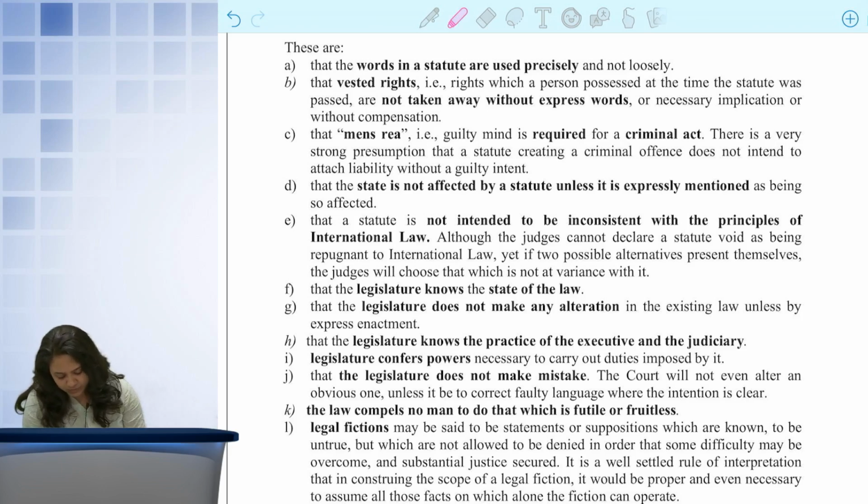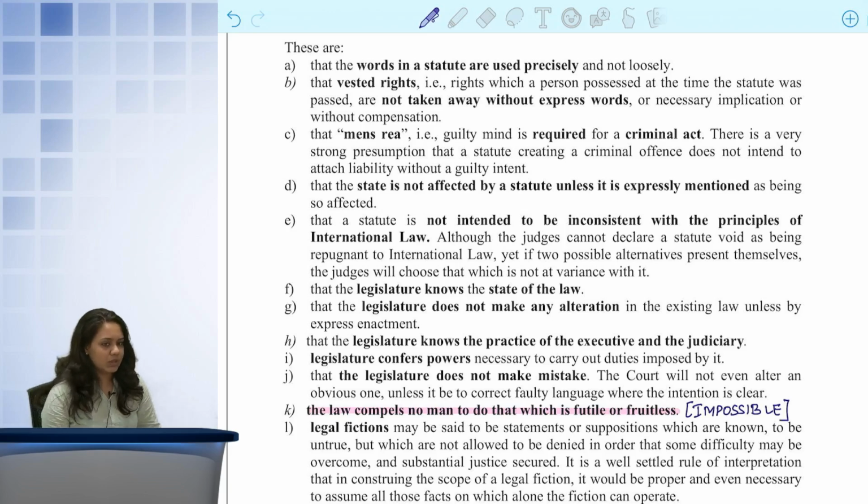The first one: the law compels no man to do which is fruitless or futile. In other words, the law will never compel a person to do something which is impossible in nature. What do I mean by impossible in nature? If I ask a person to run 5 kilometers in 5 seconds, that is an impossible activity.